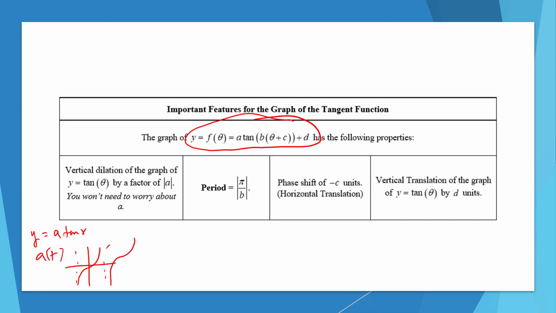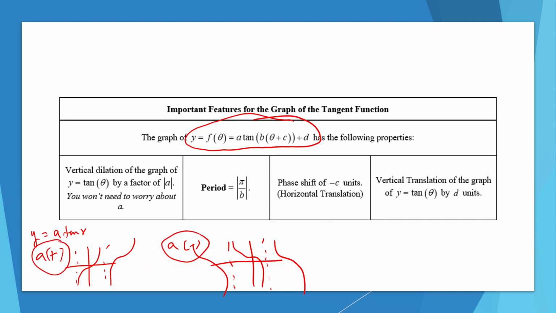Pretty simple, right? If a is negative, the graph of tangent should be the same, but reflected. So it should still look like that, like that, like that. So that is what you'll need to know, whether a is positive or negative, and how that impacts the shape of tangent. I just remember it like this: positive has a positive slope, it's going up. Negative has a negative slope, it's going down as you go from left to right.